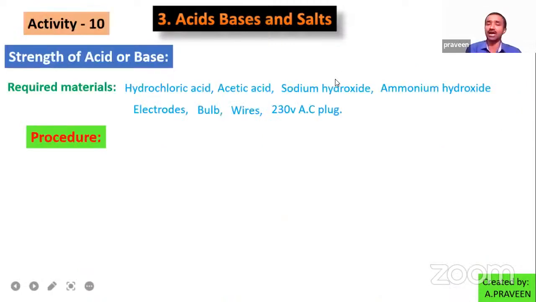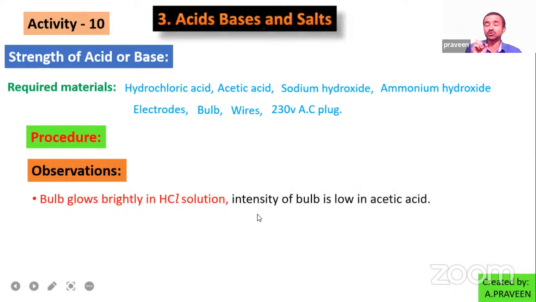My observation is that the bulb glows brightly in HCl solution, and the intensity of the bulb brightness is observed to be less in acetic acid. More brightness, less brightness.